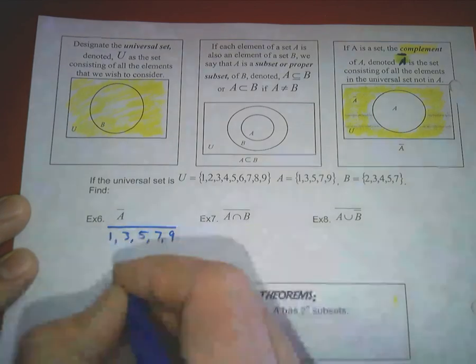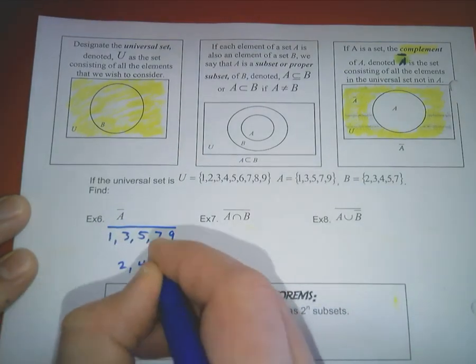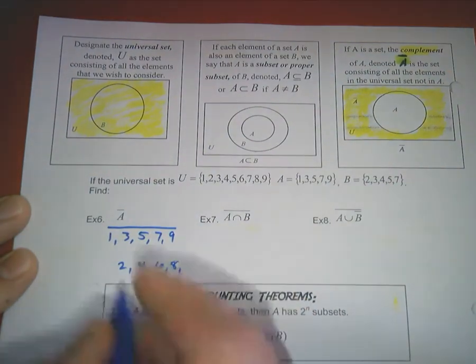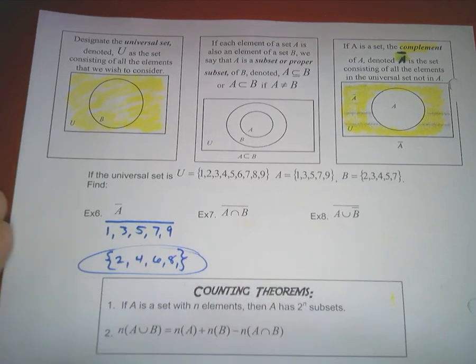So I don't want 1, I want 2. I don't want 3, I want 4. I don't want 5, I want 6. I don't want 7, I want 8. And not 9. So there is the complement. Again, A is the odds. The complement of odds would be the evens. So far, so good.